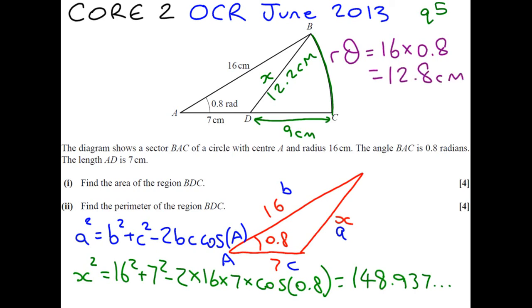Now we just add up all these values to get the total perimeter. So we're going to do 9 plus 12.8 plus 12.2, and that gives us 34 centimeters. And that's your answer. I hope this has been useful and you've understood my diagrams.